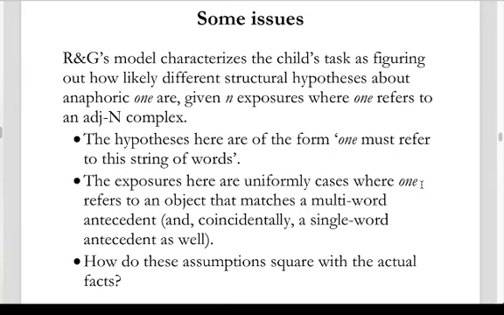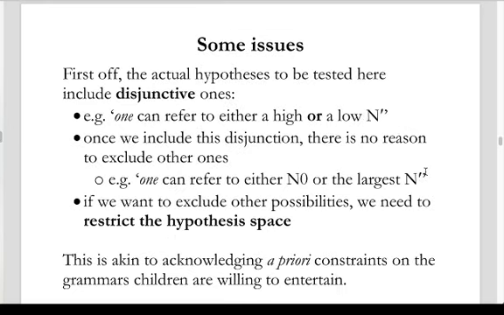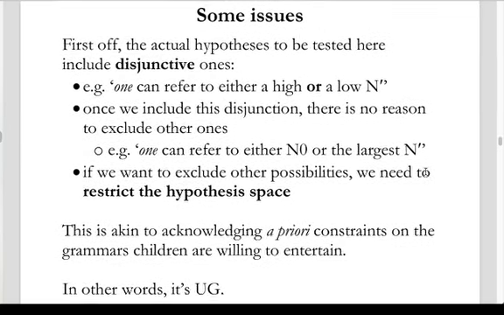So the hypotheses here are of the form one must refer to the string of words, and the trials or the data here are uniformly cases where one refers to an object that matches a multi-word antecedent, like red ball, and by coincidence, a single word antecedent as well, a ball. So what's the problem with that? Well, think about it for a minute. This is not what the actual child-directed speech looks like.